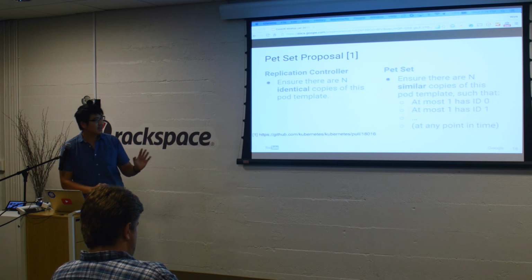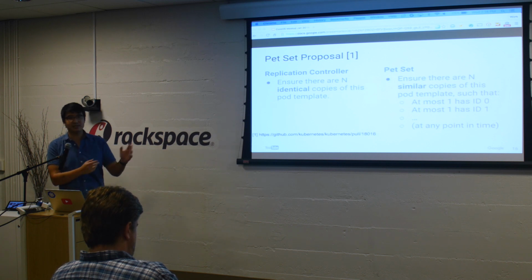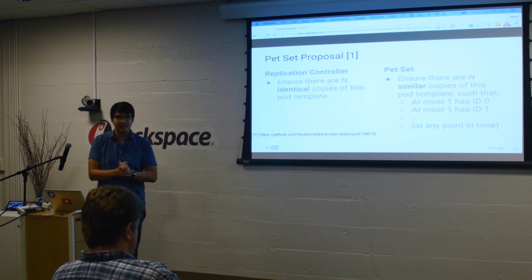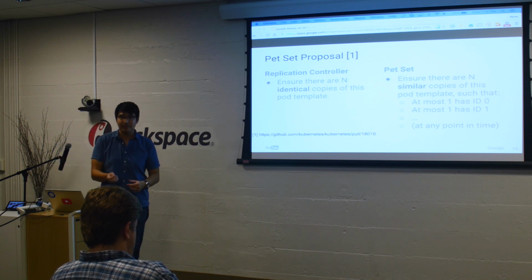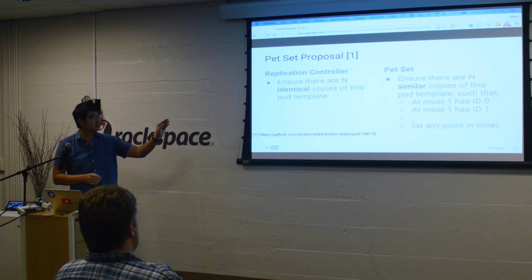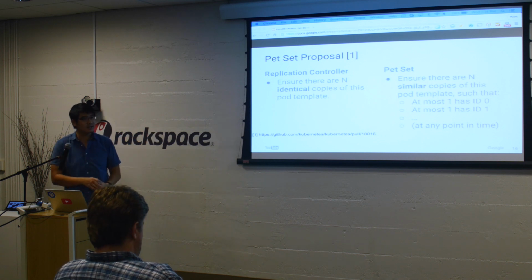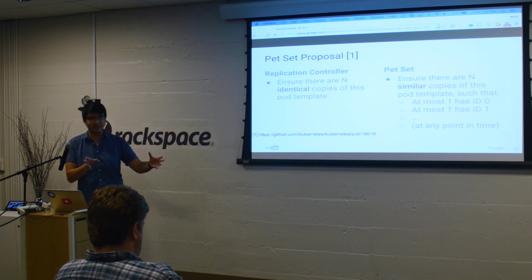But the main thing it will give you, instead of a replication controller, is something that will maintain a pool of n copies of something where they're almost exactly the same, but each one has a unique identifier, and in the ideal case it will guarantee that there aren't 2 copies of the same thing with the same identifier.